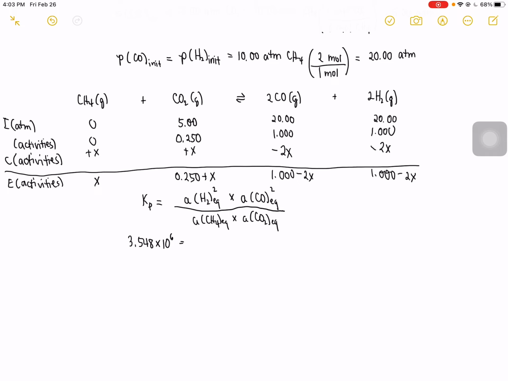For the hydrogen and carbon monoxide, their activities are taken to be equal to 1 minus 2x, and that is raised to the power of 2. For methane, its equilibrium activity is given as x, and for carbon dioxide, its equilibrium activity is 0.25 plus x.